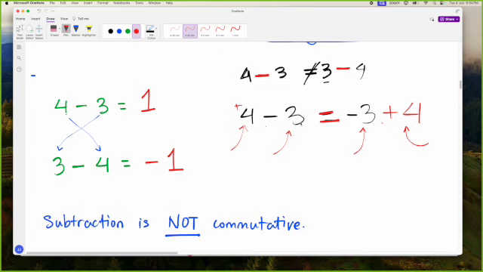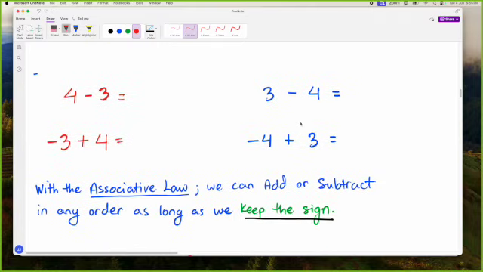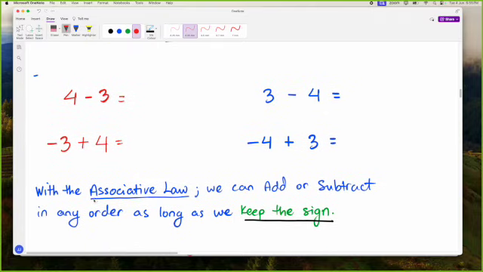So we could take numbers and move them around as long as we keep the sign. This is called the associative law. So with the associative law, we could add or subtract in any order as long as we keep the sign. So we could move numbers around and shift it around.